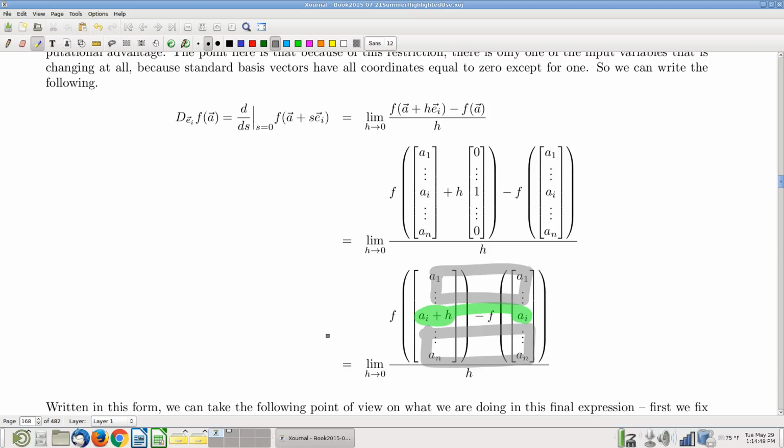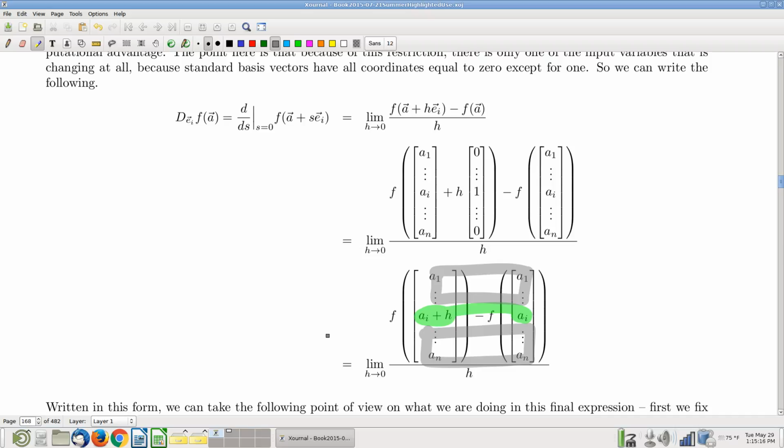A1 can't change, so it's a variable only kind of philosophically. It's not changing. It's constant. We could treat it as a constant because it is a constant for the purposes of this calculation. So we're taking the derivative of a function f of, I was going to say several variables, but not really.